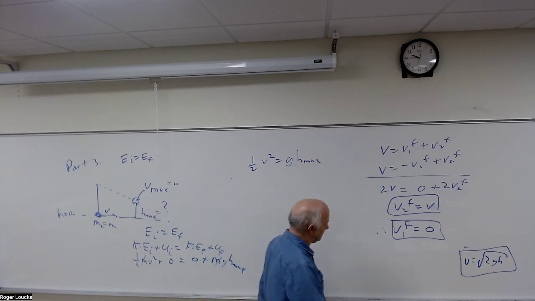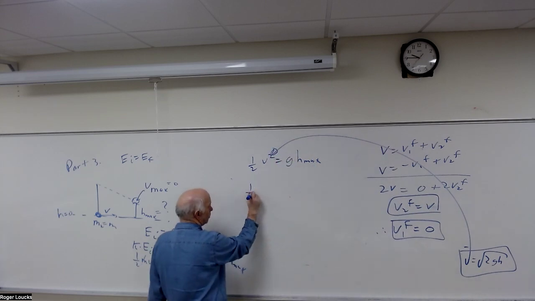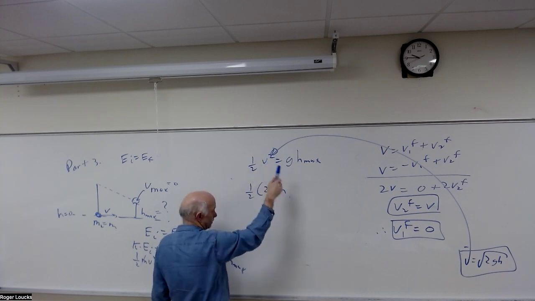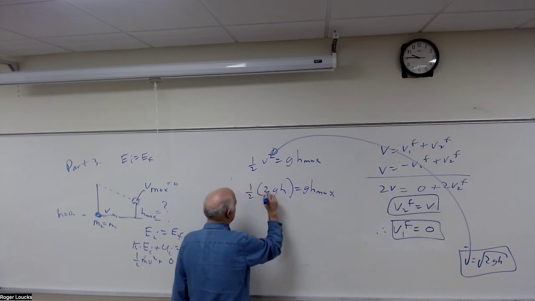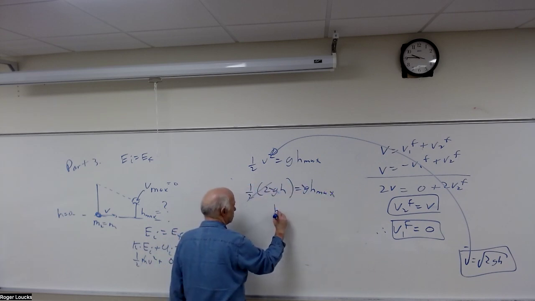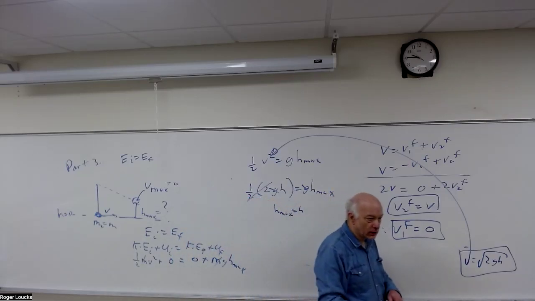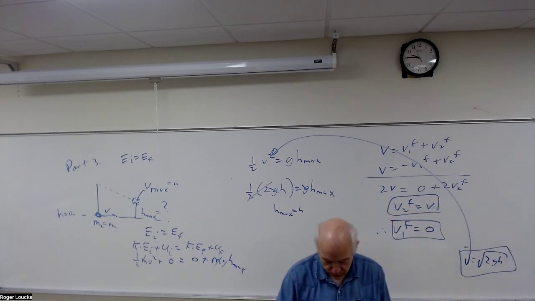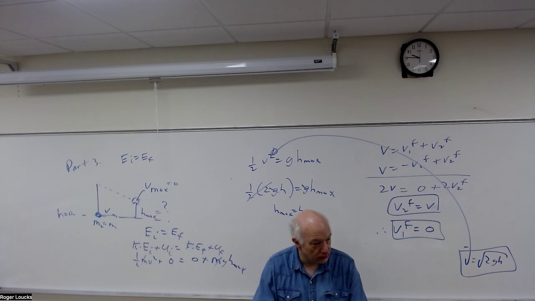We have our velocity here. Hail Mary pass into here. We got 1/2 2gh. The square root kills the square root. g H max. 2's go out, g's go out, H max equals H. Okay. And that explains the game. Well, the setup. That's entirely how that works.